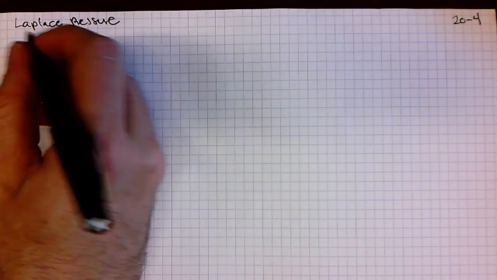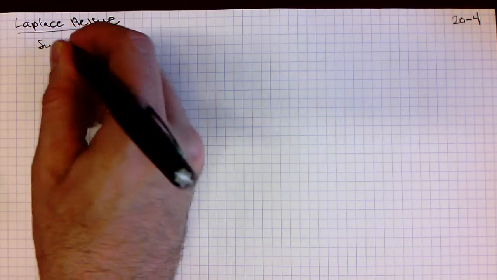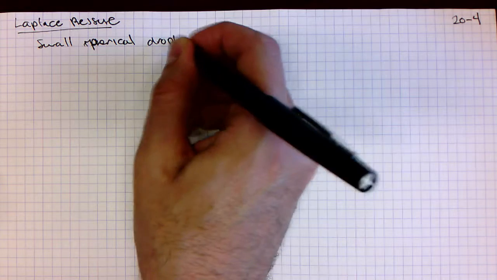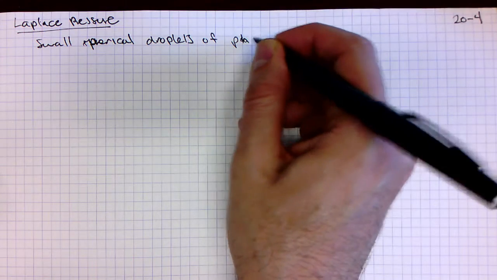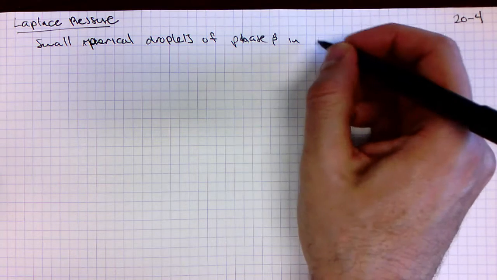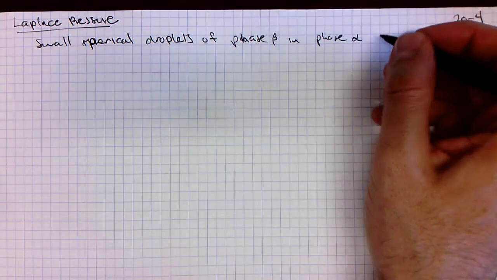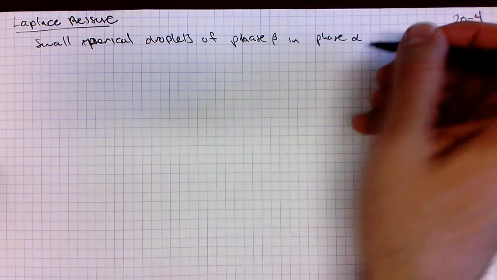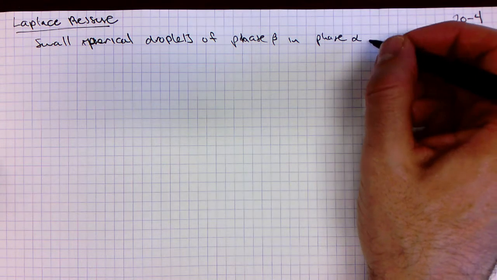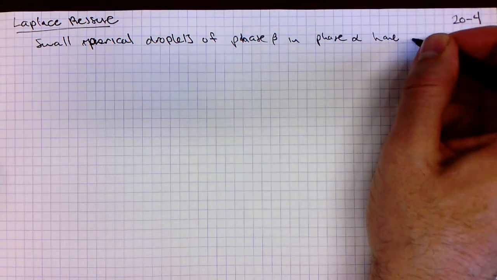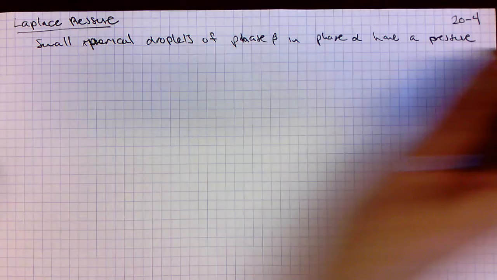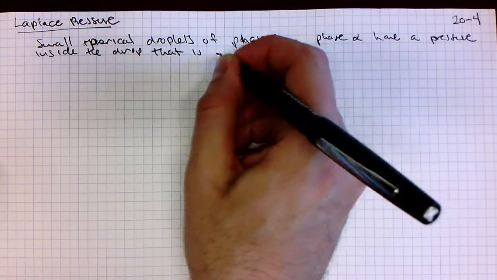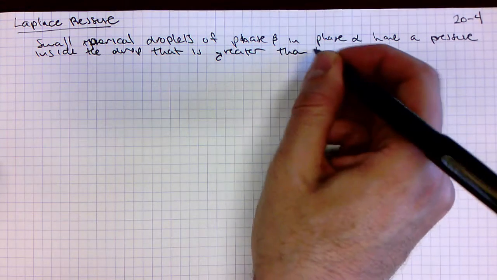And this is the fact that small spherical droplets of phase beta in phase alpha will have a pressure inside the drop that is greater than the pressure outside.